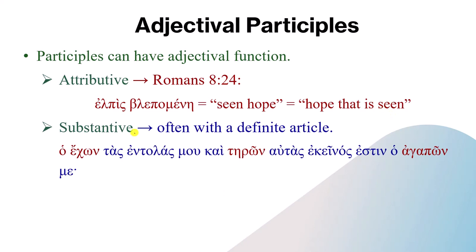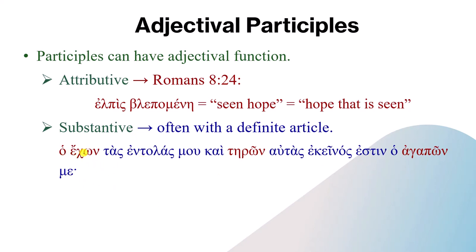We've also talked about another adjectival function, and that is a substantive adjective function. Often the substantives have a definite article. So here we have ho echōn tas entolas mou kai tērōn autas ekeinos estin ho agapōn me. This is John 14:21.